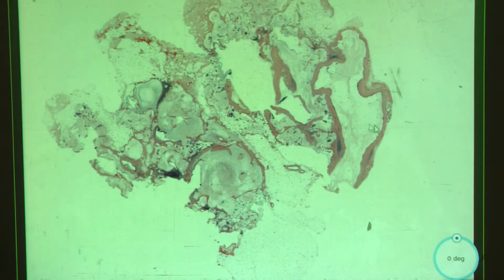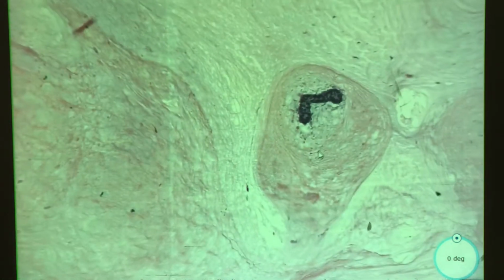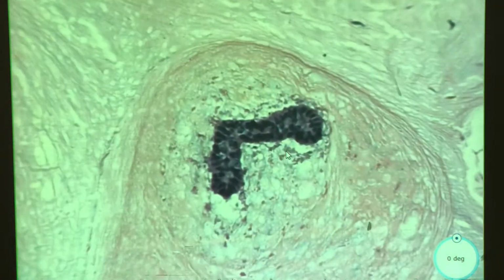Okay, looking at this at low power, what we see immediately are lakes or pools. Calling it now, that's mucin. Okay, and this is not a biopsy, so this is an excision. Important to keep that in mind. And what do we have swimming around?